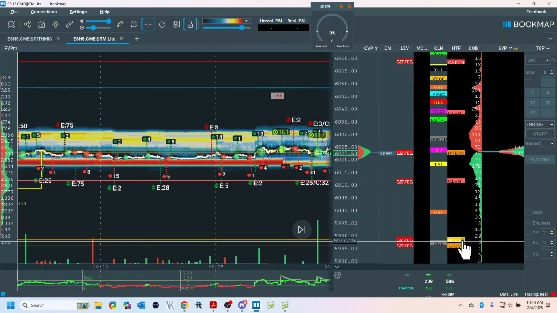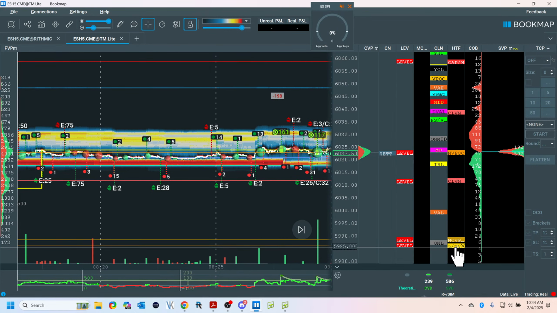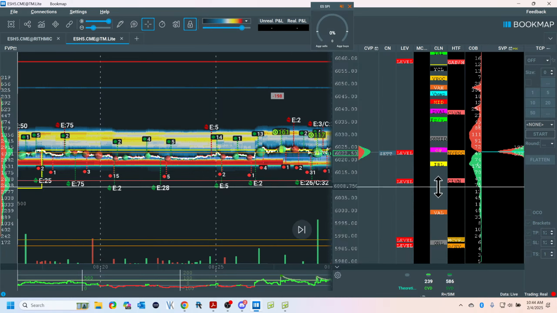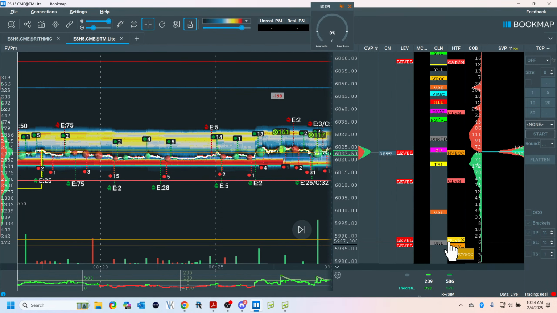5985 is an important location, and it is on the price map. I'm not going to go back and show it to you, but this is a support level, 85. I have this on my price map, the highest retail price from yesterday. This is the highest retail price from another area, but everything means something here.